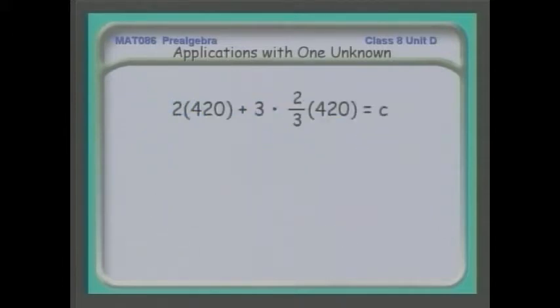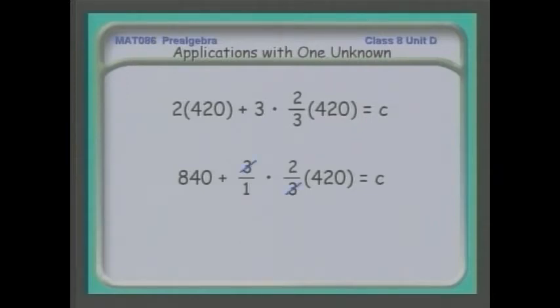Here's the equation. We have 2 adults at $420 and 3 at 2/3 of $420. We now can do the math. Fortunately, if we have 3 at 2/3, notice here I have a 3 in the numerator, 3 in the denominator. 3 over 3 gives me a 1.